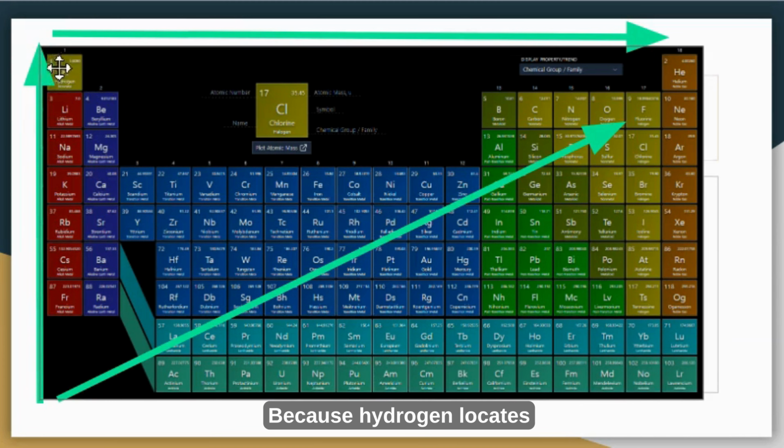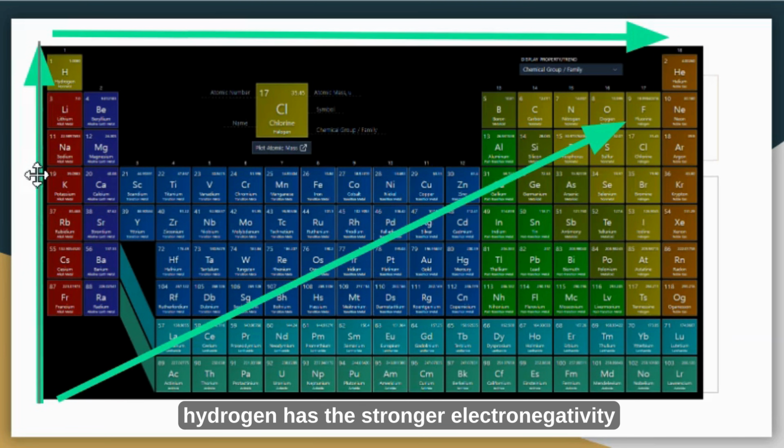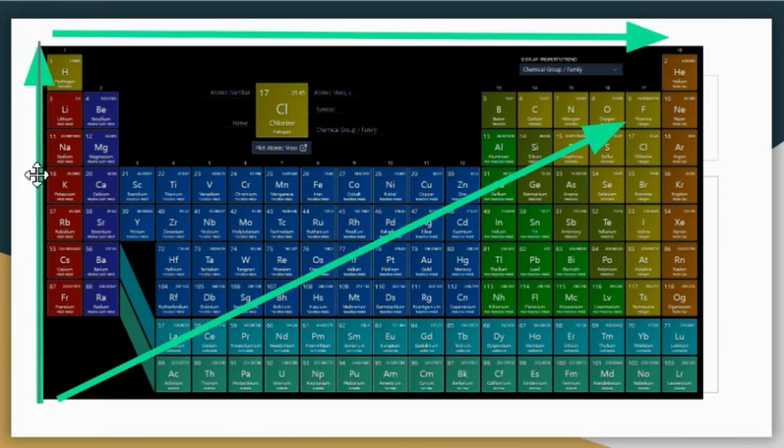Because hydrogen is located higher than potassium in terms of location in the periodic table, hydrogen has the stronger electronegativity and greater ionization energy.